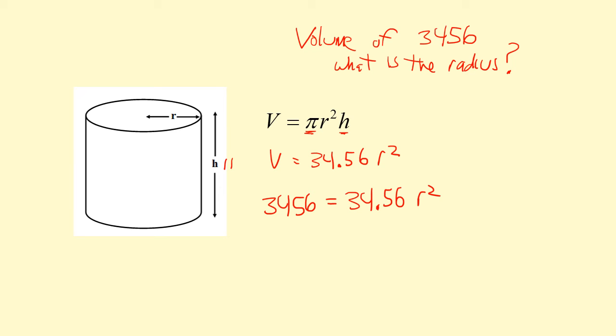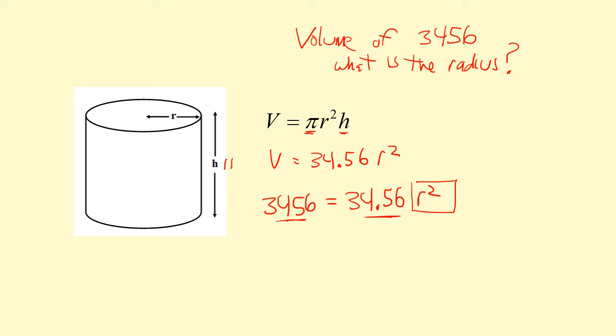So the question we're really asking here, and this is a question that can be answered by algebra, is what number do we multiply 34.56 by in order to get 3,456? And that mystery number is represented by this r squared right here. So in general, when we're solving things with algebra, we try to get the unknown letter by itself.